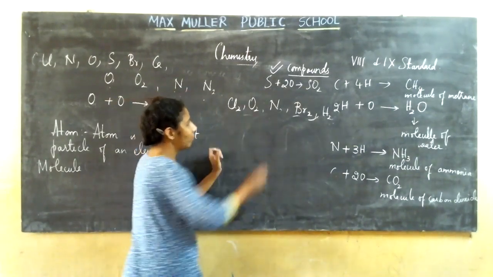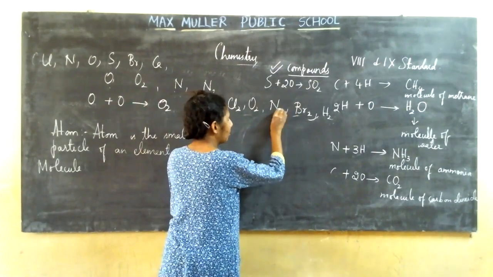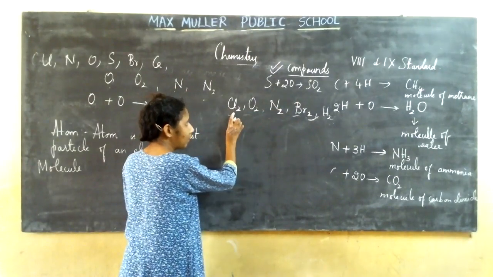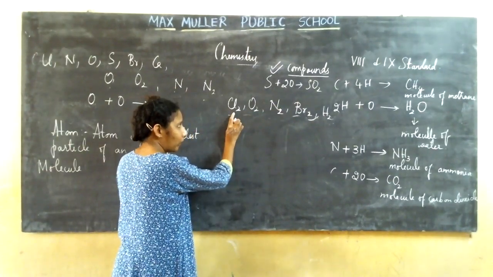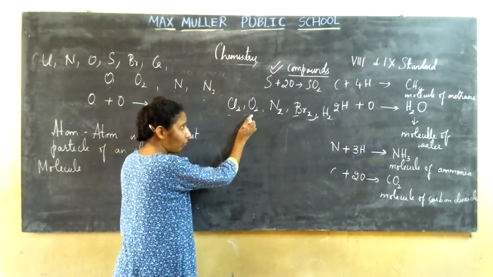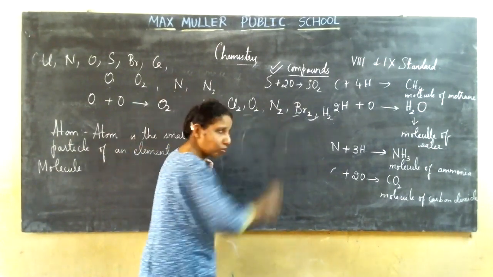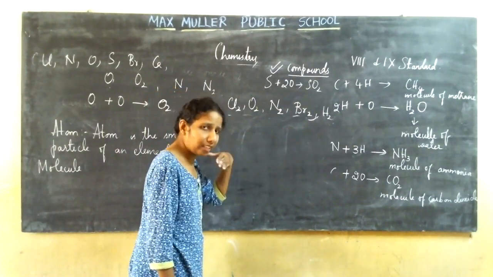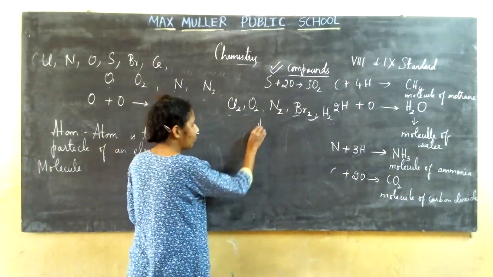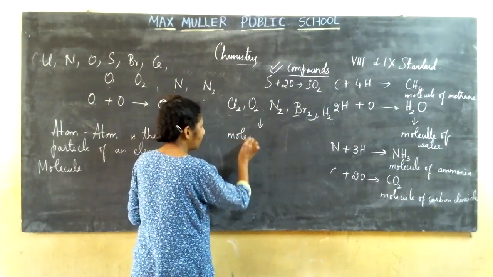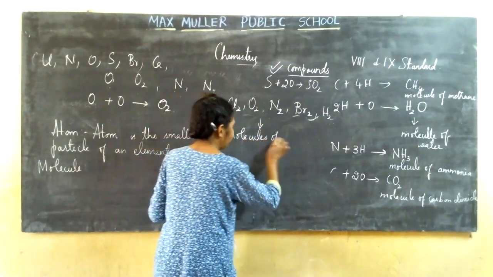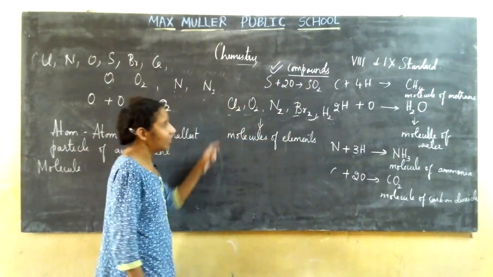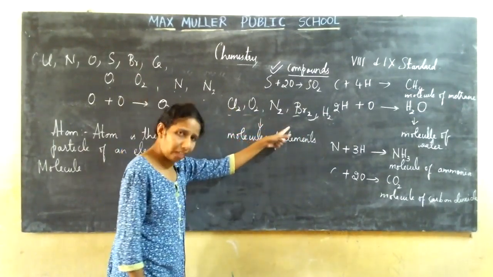This represents a molecule of chlorine, a molecule of oxygen, a molecule of nitrogen, a molecule of bromine. Chlorine, oxygen, nitrogen, bromine, they all are examples of elements. So they are molecules of elements, right?